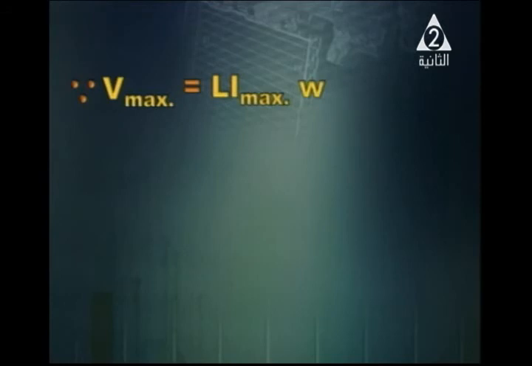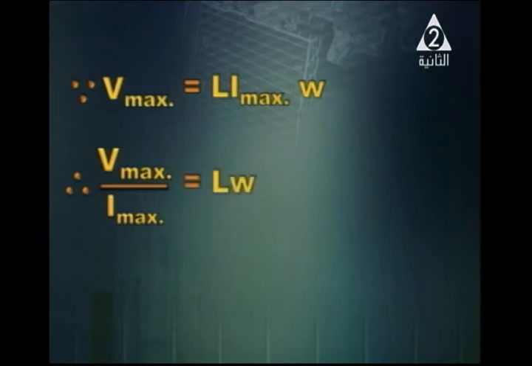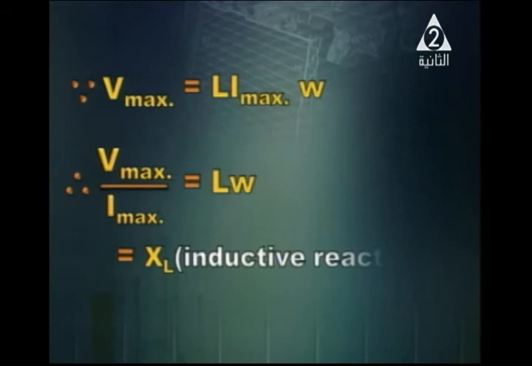First of all, V maximum is equal to L I maximum omega. So we can say V maximum over I maximum equals L omega. Voltage when divided by current gives what represents resistance. So it is equal to XL, inductive reactance.